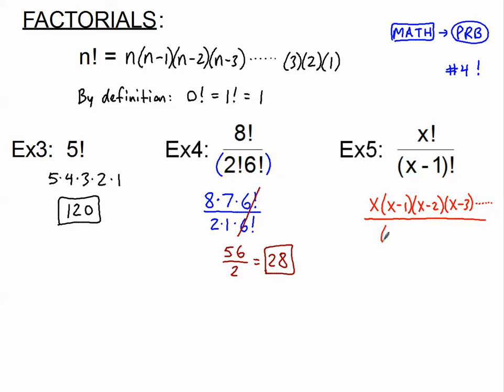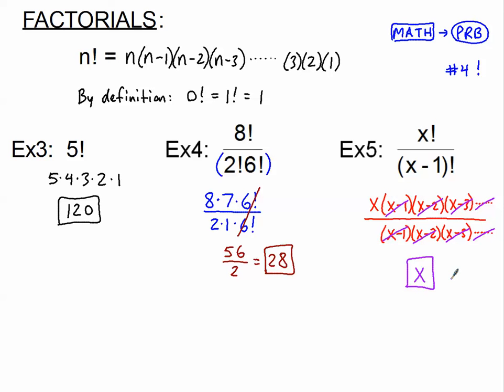The denominator is x minus 1 times x minus 2 times x minus 3, and so on forever. And hopefully you see that all of these factors actually will cancel away, leaving the only thing left in the numerator as x. So we can understand factorials and do it that way.